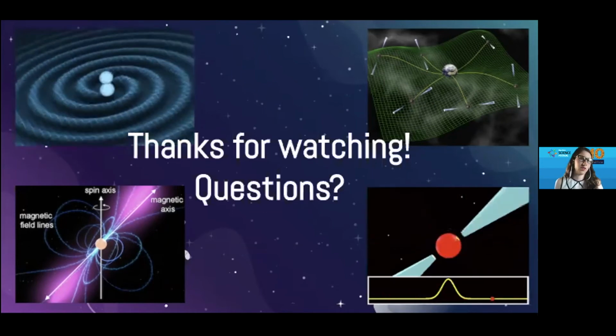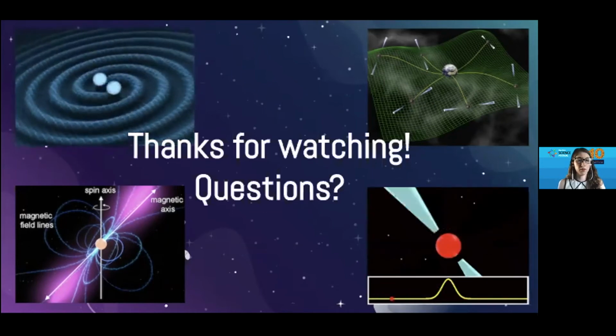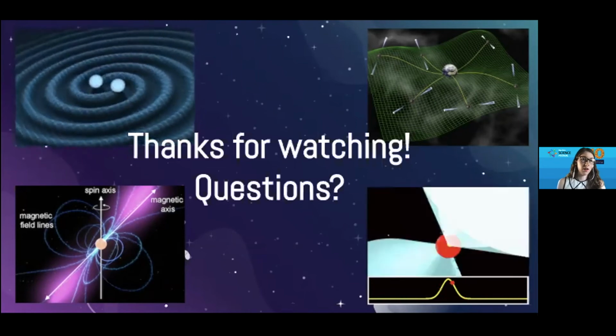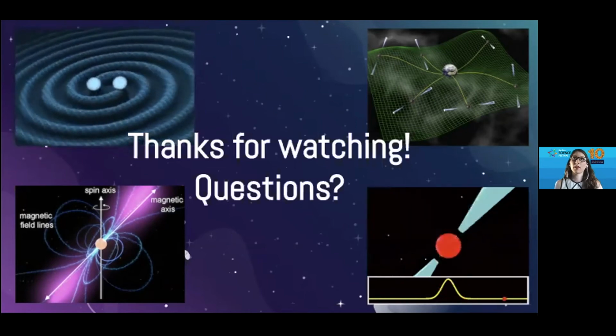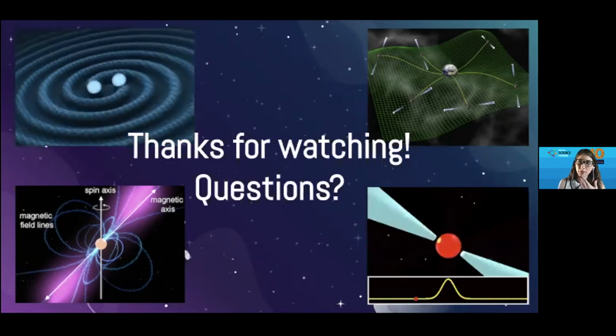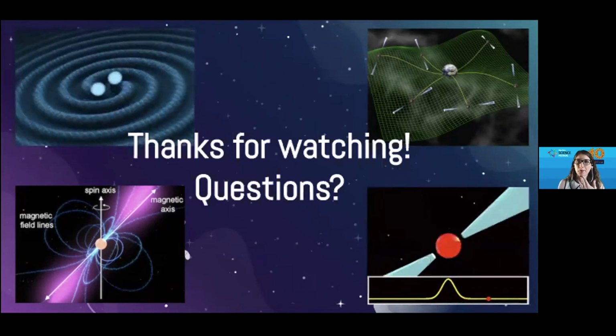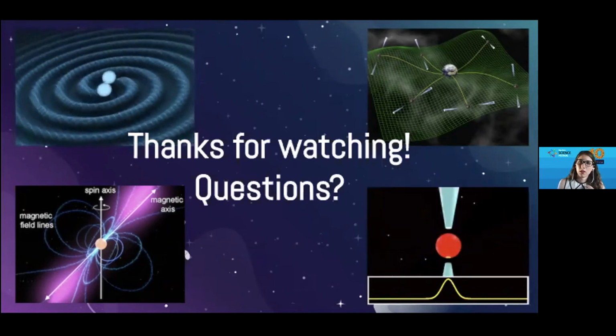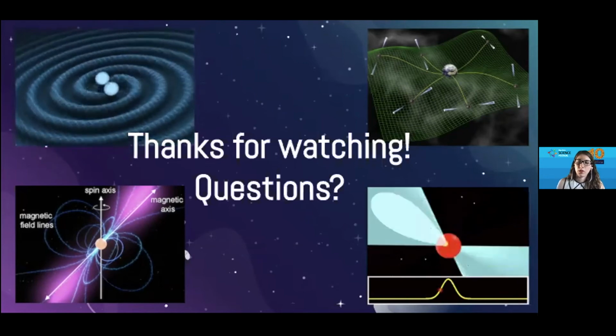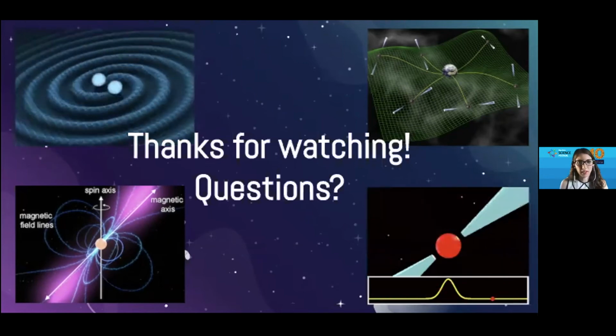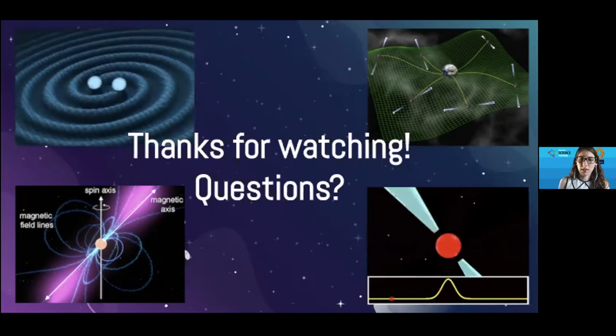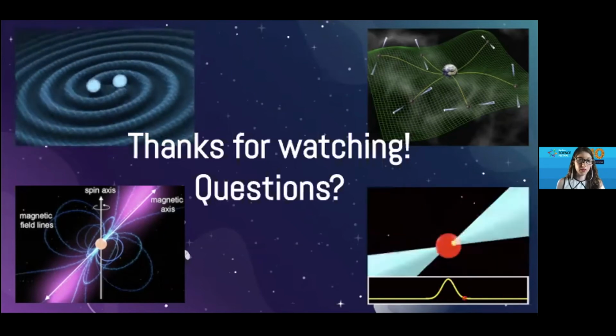Another question is, how much time do pulsars spin, or do they keep spinning? So let's see. The lifetime of a pulsar, if I had to make an educated guess without looking it up, would probably be several billions of years.